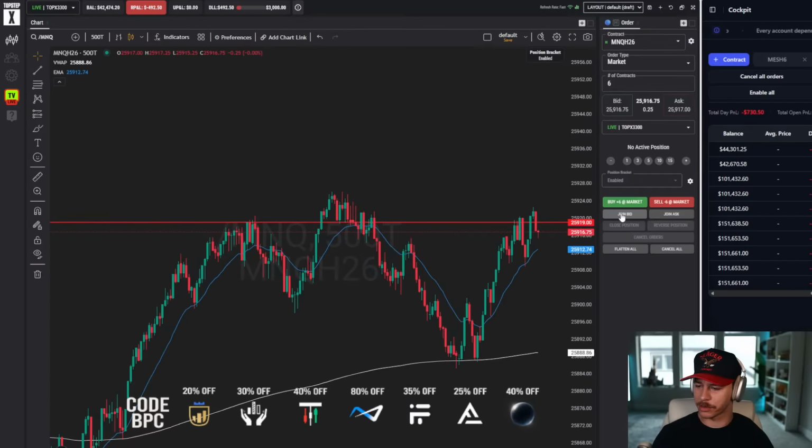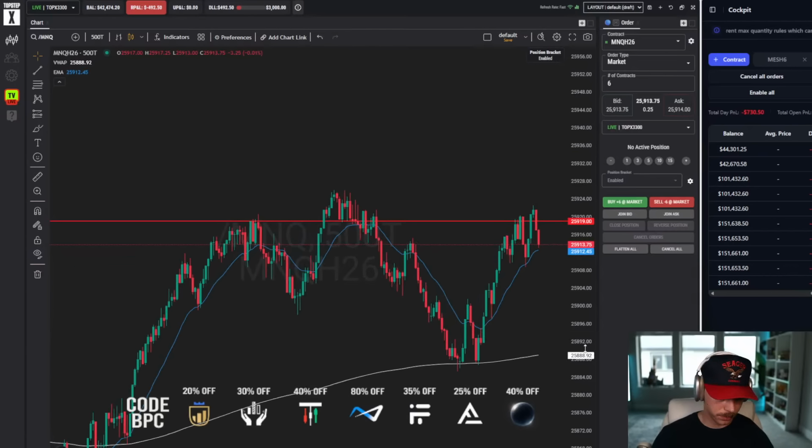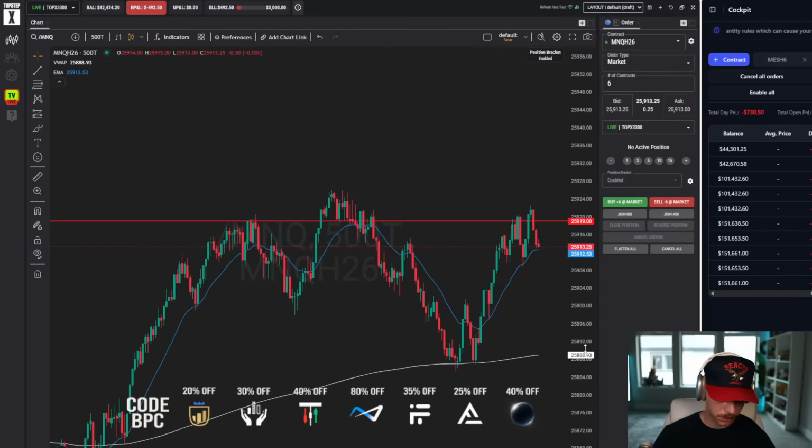You can take this little micro pullback at 915. Hold on. We buy the top. We don't buy the top.